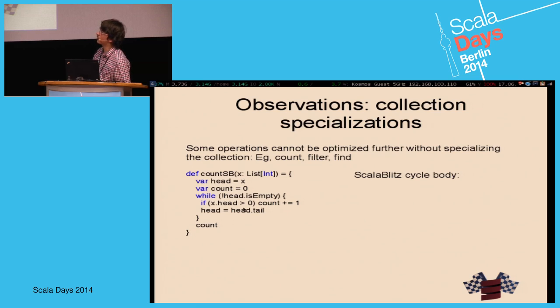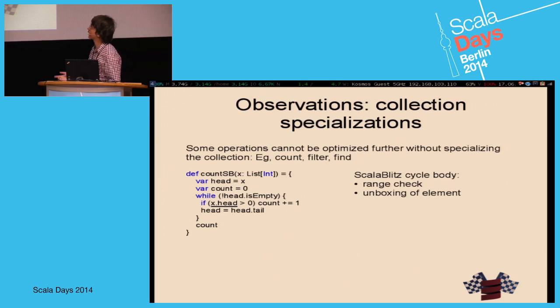For example, if you're checking how many elements of a collection of integers are positive, you'll have code similar to this generated by ScalaBlitz. Here you'll have the same range check. Now you'll have unboxing of the element not inside the dynamic dispatch, but before it. It doesn't make a big difference because most time is still consumed by just converting one into another.